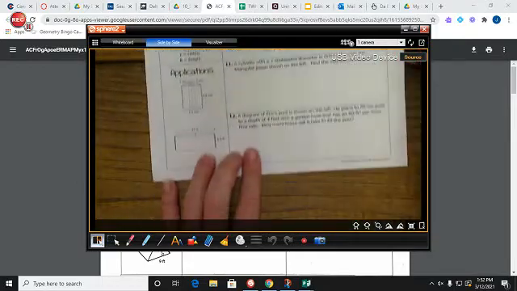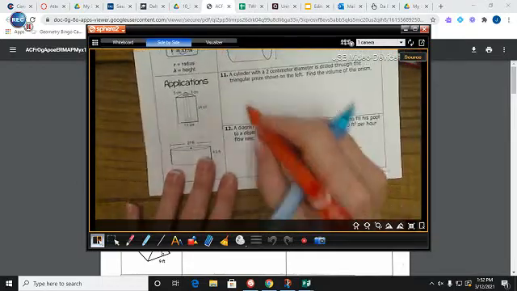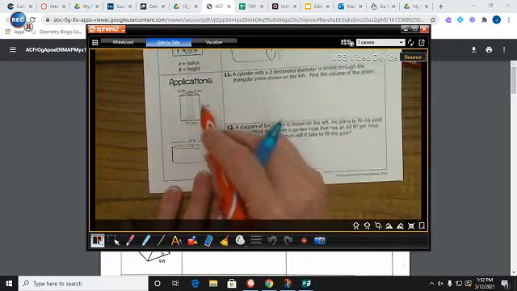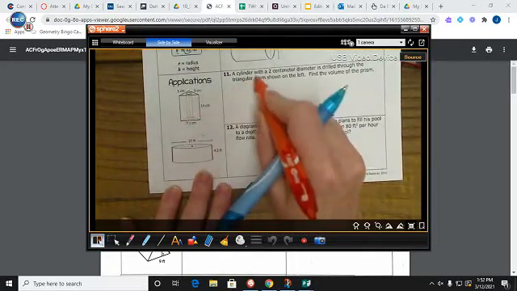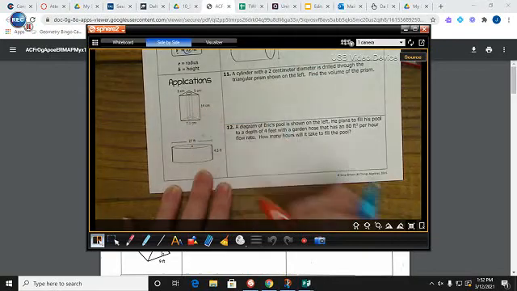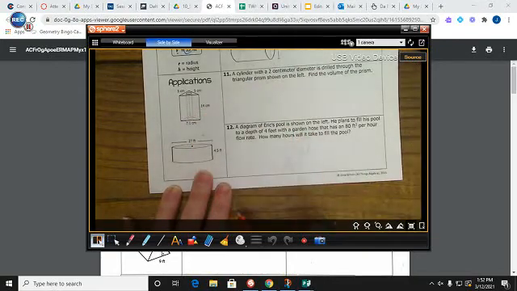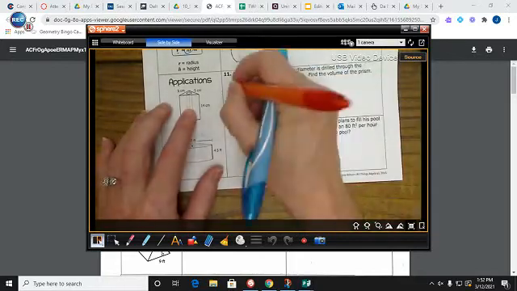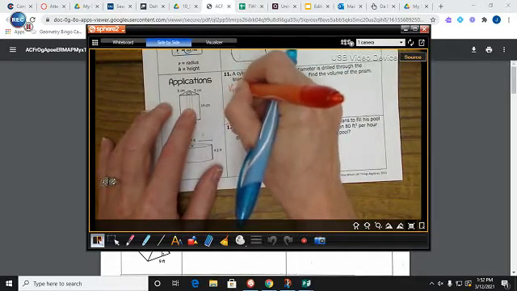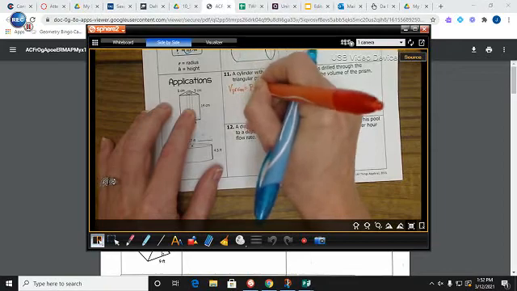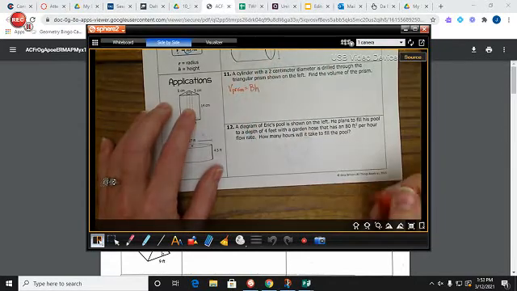All right? For an application here, in order to do a combined shape, here I've got a cylinder that is drilled through a prism. And they want to find the volume of the prism. Well, the volume of my prism is going to be the area of the base times the height.